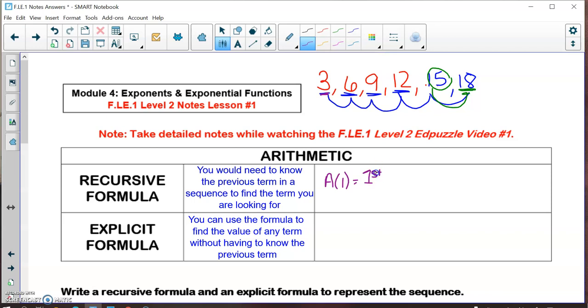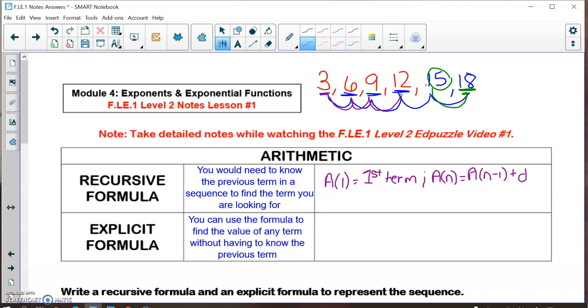So we would do a of 1 and actually write down what the first term of the sequence is. Then we would write a semicolon, all right, and we would write a of n, again function notation, is equal to a of n minus 1 plus your common difference. In this situation, your common difference would be plus 3, so we would write a plus 3. This is how we report the recursive formula.